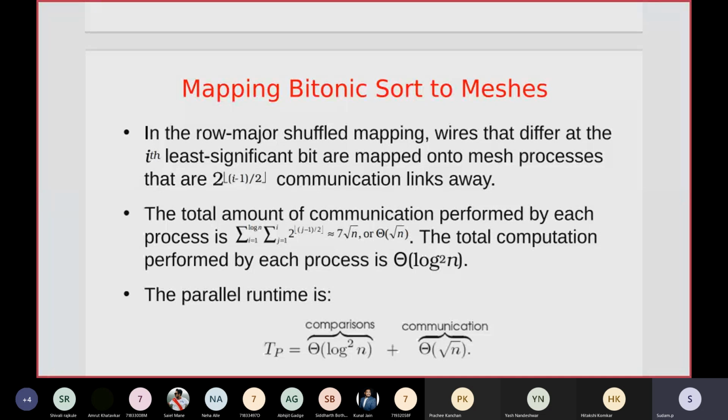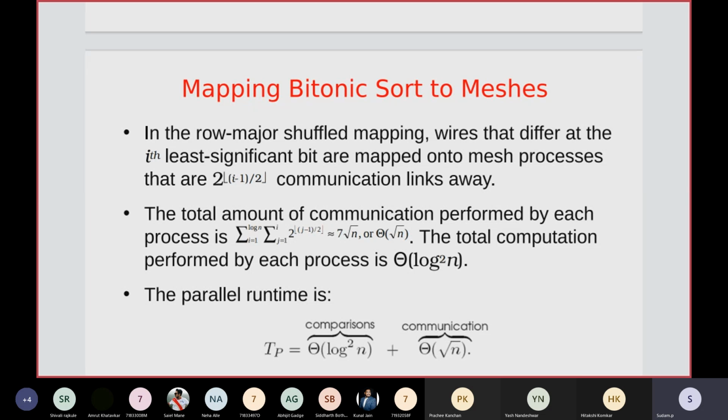Wires that differ at the ith least significant bit are mapped onto mesh processes that are 2 raised to floor of (i-1)/2 communication links away. The total amount of communication performed by each process is the summation of i ranging from 1 to log n, of the summation of j ranging from 1 to i, of 2 raised to floor of (j-1)/2. This is theta of root n.